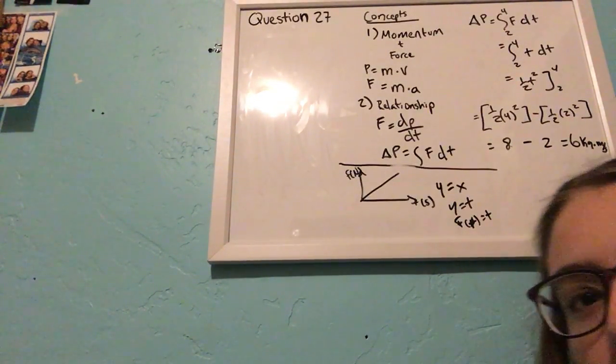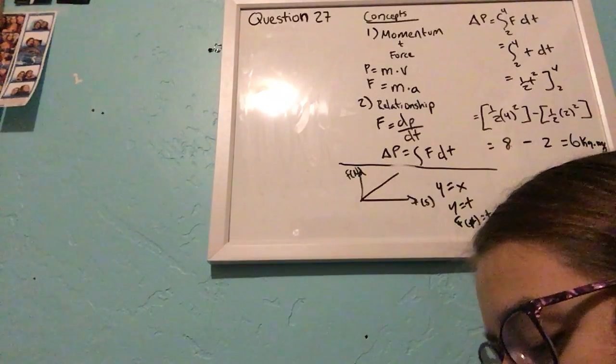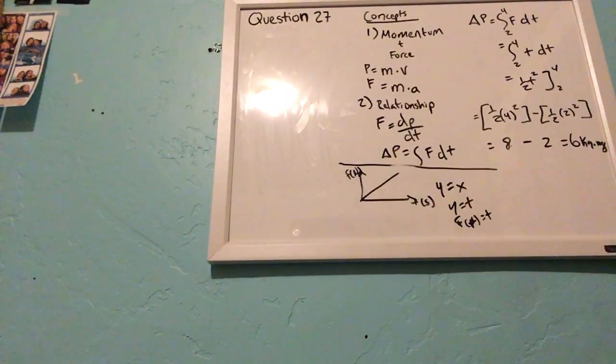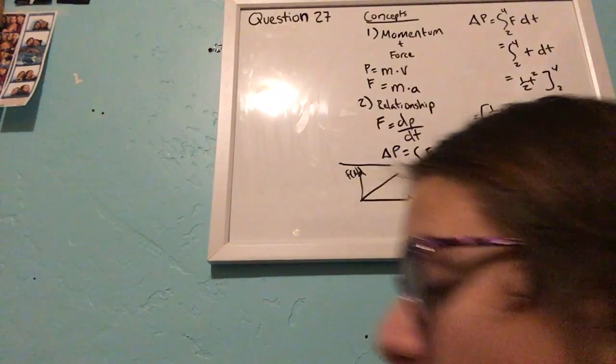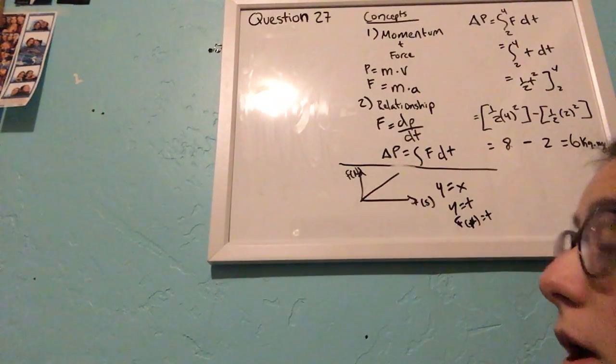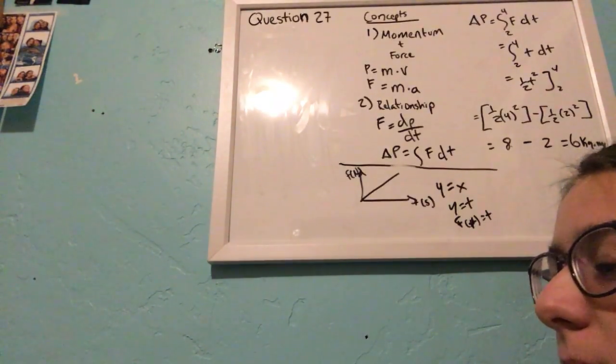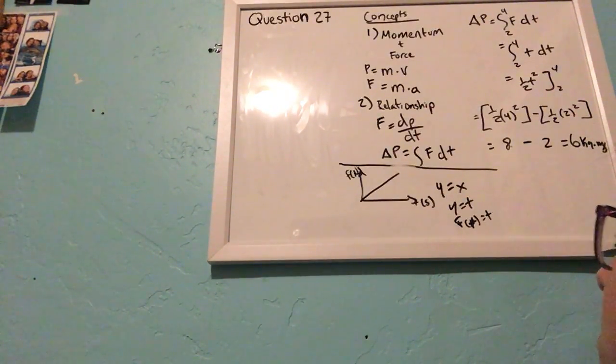So in conclusion, the correct answer to this problem is D, because when we integrate from 2 to 4, we find that the change of momentum is equal to 6.